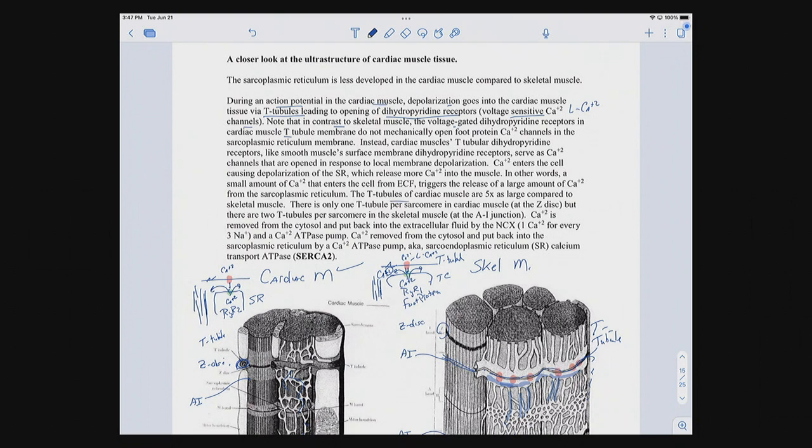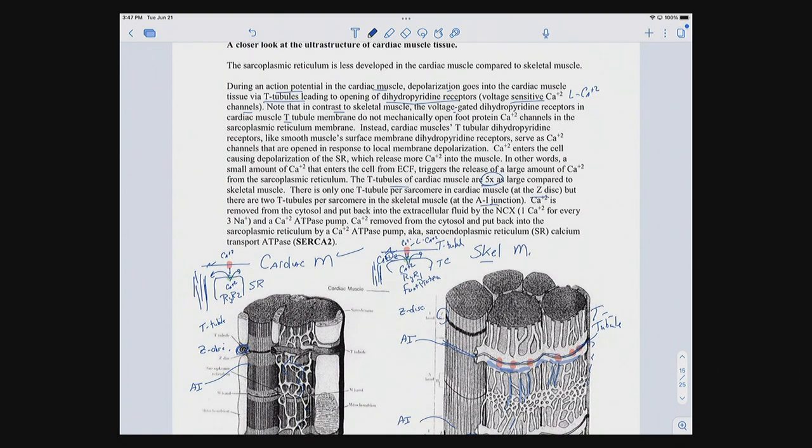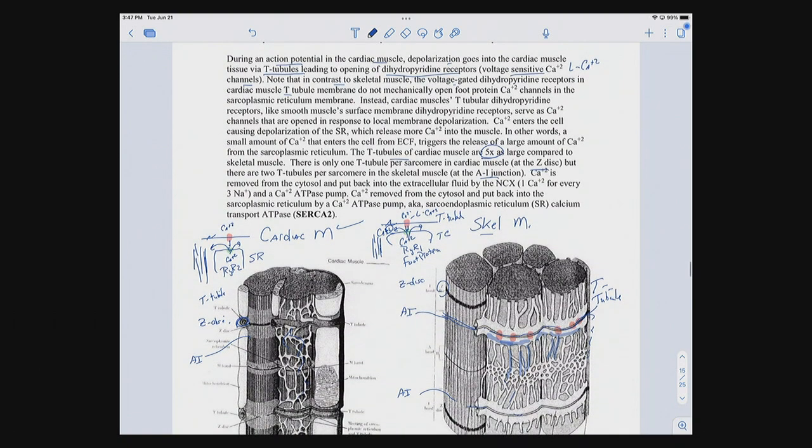Let's see, the T-tubule is about 5 times as large as the T-tubules in the skeletal muscle, so it gives you a number there to pay attention to. Again, the Z discs, I've already talked about that. AI junction, I already talked about that. And we'll see on the next page, calcium is removed from the cytosol, put back in the extracellular fluid by a NCX exchanger. Again, more on that later. And a calcium ATPase pump. Again, we'll see that on the next page as well.